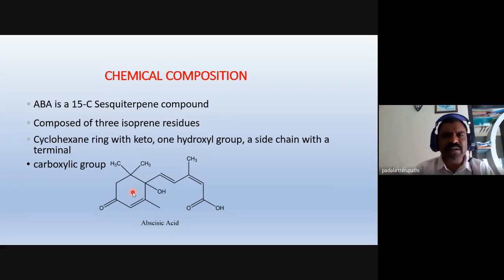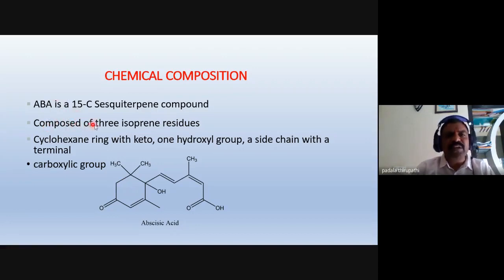At the same time, abscisic acid is a 15-carbon compound, that is a sesquiterpene compound.